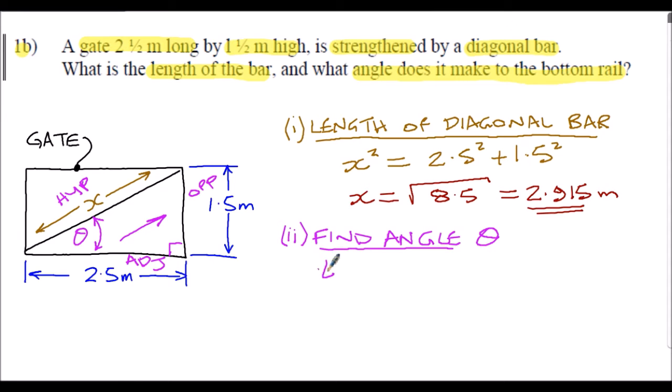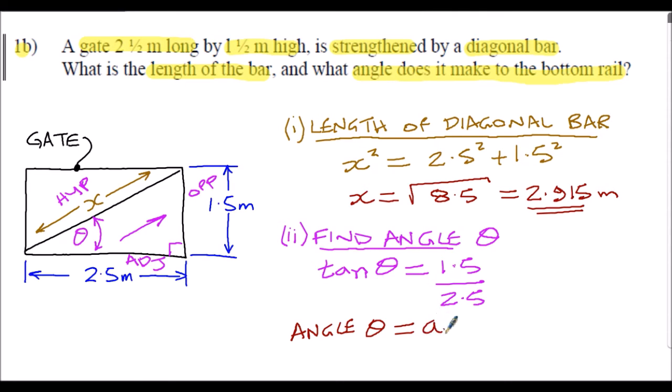So tan of the angle, in this case we've called it theta, is equal to the opposite side, 1.5 meters, divided by the adjacent side, 2.5 meters. So angle theta is equal to the inverse tan, which can be written as tan to the -1, or arc tan of 0.6.